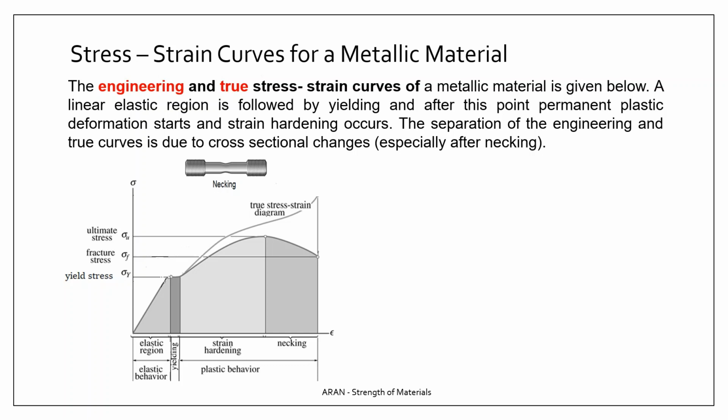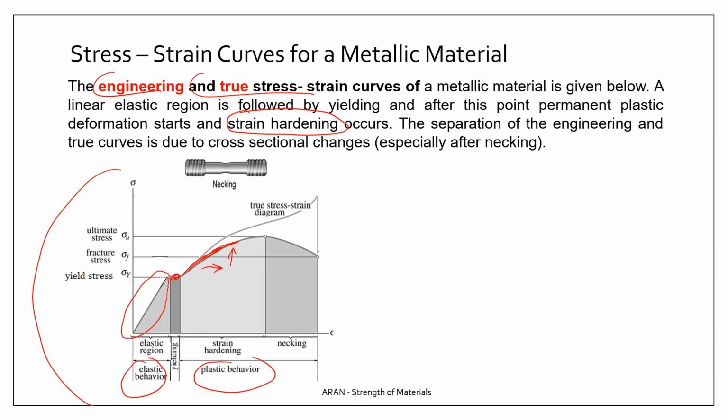Here you have the engineering and the true stress-strain curve for a metallic material. Well, both curves start with an elastic region, and after the yield point, permanent deformation or plastic behavior begins. And to realize this plastic behavior, you have to increase the stresses, which we call strain hardening.